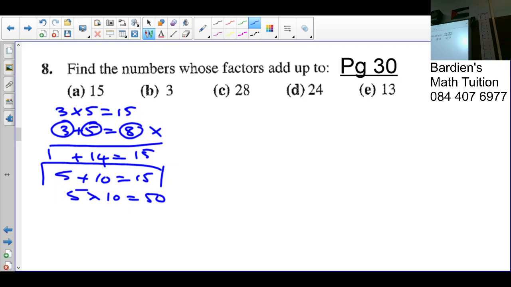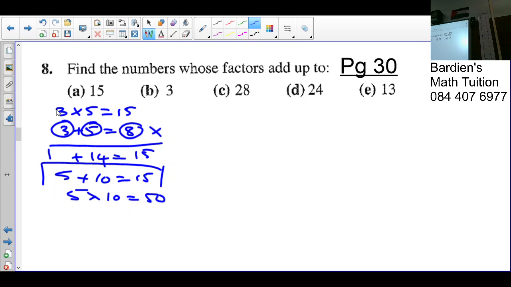Sorry? 3 times 5 is 15 and 3 plus 5 is 8. But if you read the instruction, it says find the numbers whose factors add up to. But 5 plus 5 plus 5 adds up to 50.